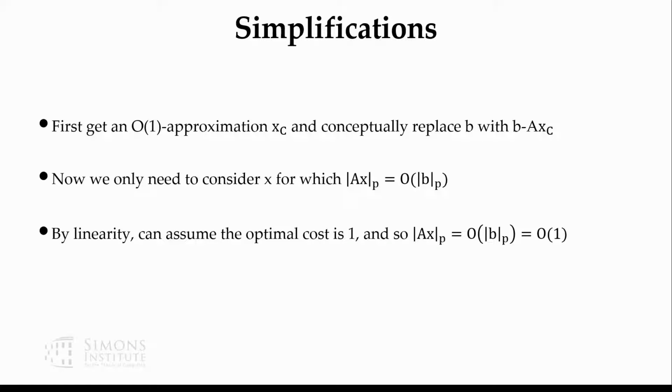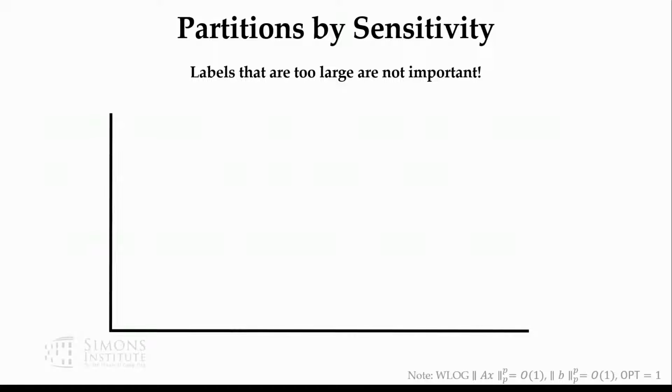Okay. So let me describe now the main idea for getting this optimal dependence on d. The main idea is that labels in the b vector that are too large are not important. If I have some very large entry in b, and it's attached to some very small sensitivity in A, then if I really try to fit that entry in b, since the sensitivity is so small, I have to set the norm of Ax to be very large.